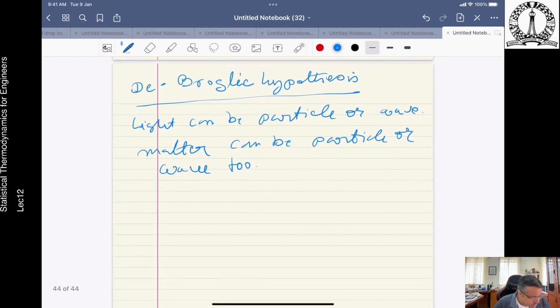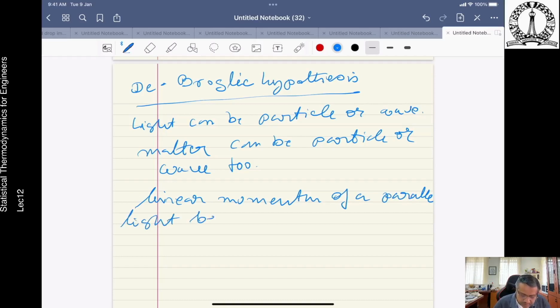So the linear momentum of a parallel light beam, say p, is given as E by c, where E is, as we already know, the energy that is carried. This is equal to h by lambda. So this is the linear momentum of a single photon.